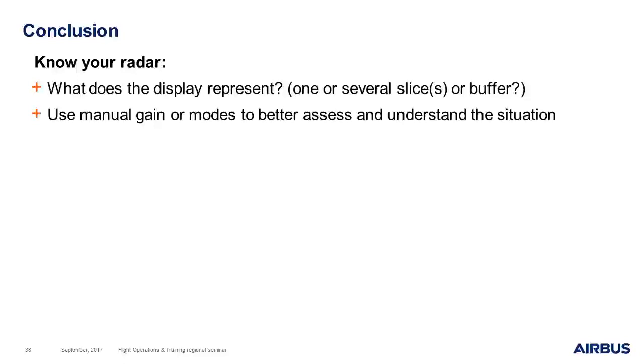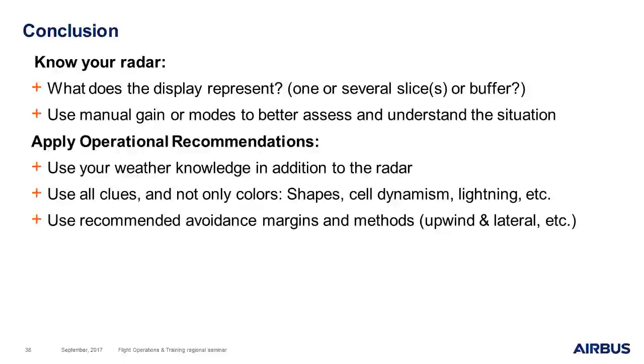Once again, it is the mental image of the weather that you will make in your own brain that will be the way to decide if you avoid or not a situation. Then, apply operational recommendations. Use your weather knowledge in addition to the radar. You are used to flying in some areas of the world.